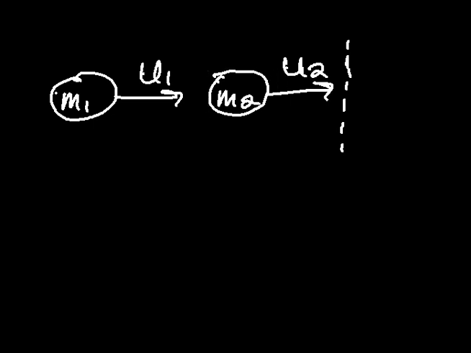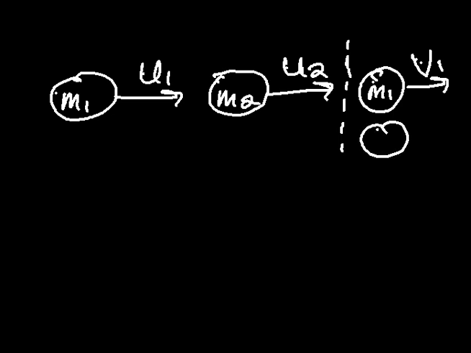After the collision, object 1 has a new velocity v1, and object 2 is moving with another velocity v2.